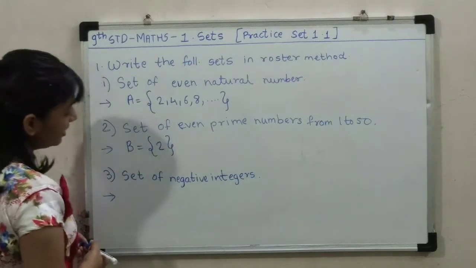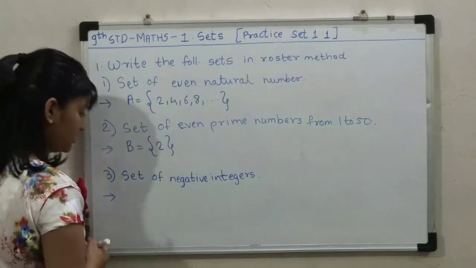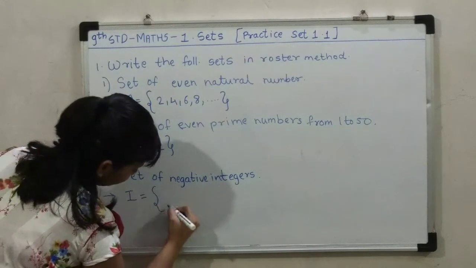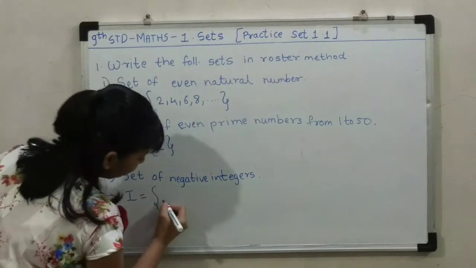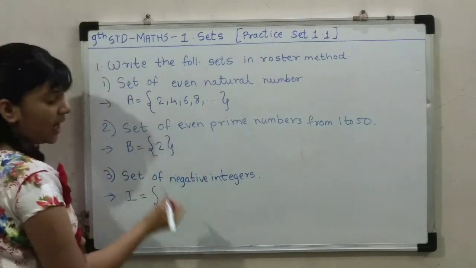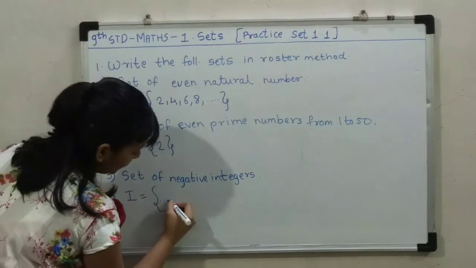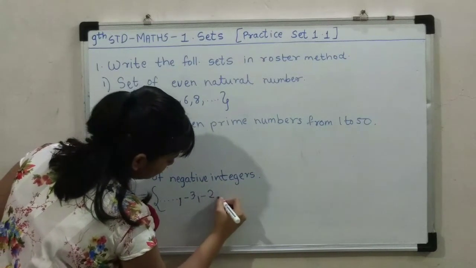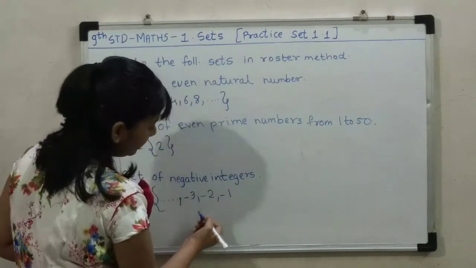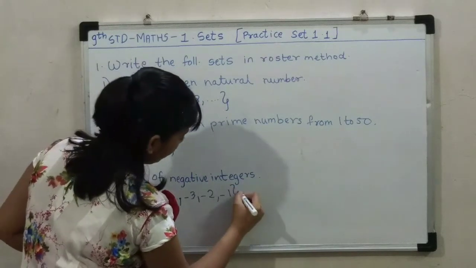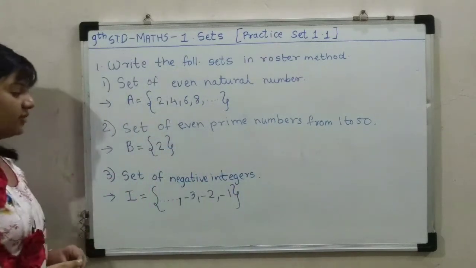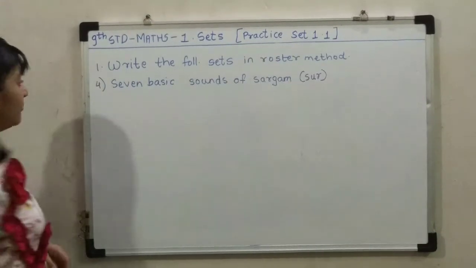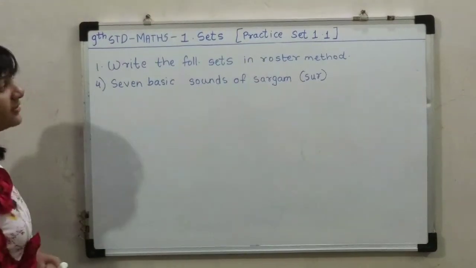Third is the set of negative integers. Set I is equals to, negative integers start from here and they have not told till how much we have to write, so we write so on, then comma, -3, -2 and -1. The negative integers end here, and close the bracket. Fourth is the 7 basic sounds of sargam.